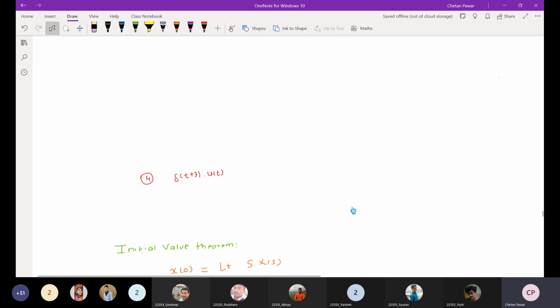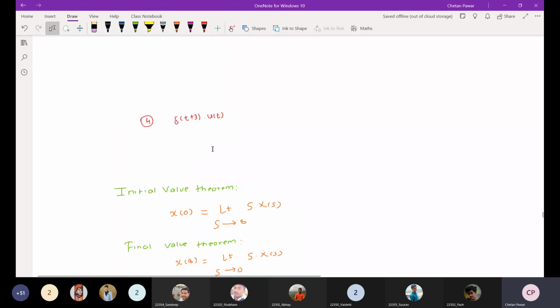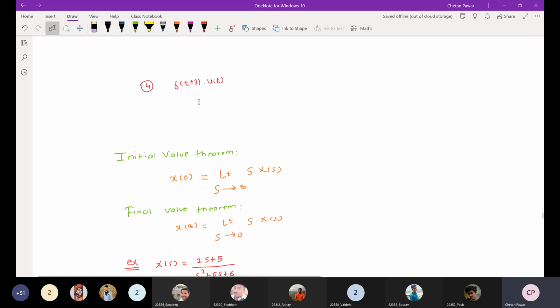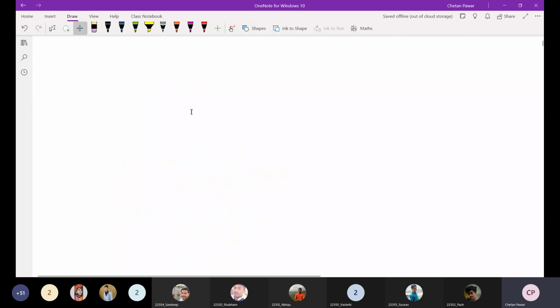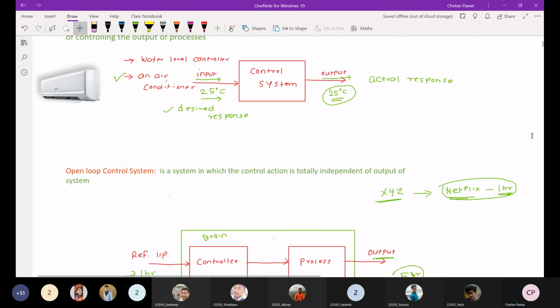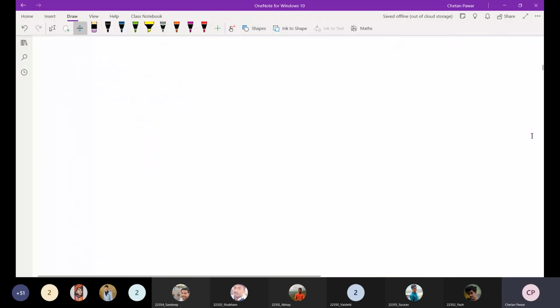Okay. Then the fourth question is del of t plus 3 into u of t. So you need to find out the Laplace transform of this particular signal.